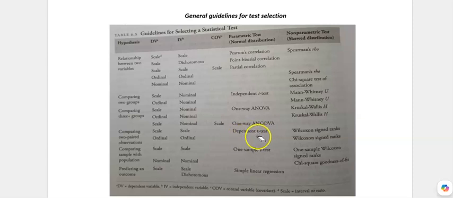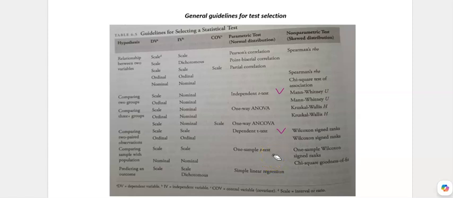Then you can use the dependent t-test. And then the one-sample t-test is about checking whether your sample is proper compared with the population. You can use the one-sample t-test in many situations, including before proceeding with the independent or dependent t-test.